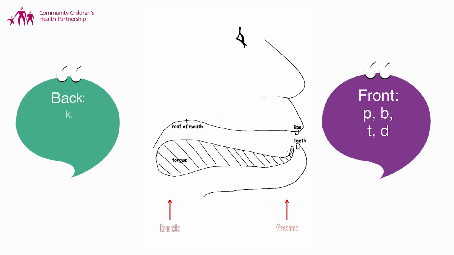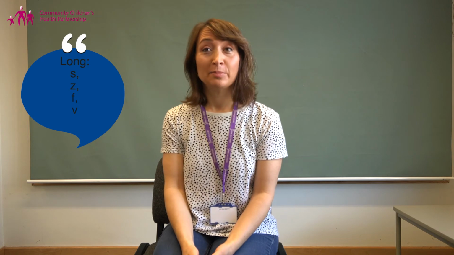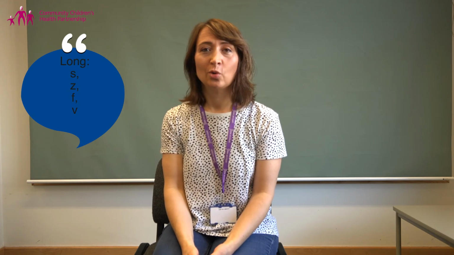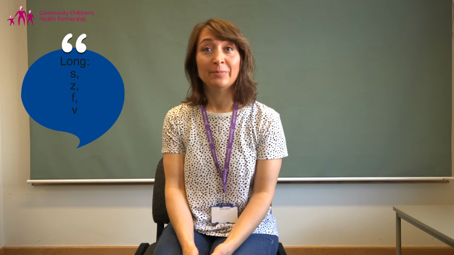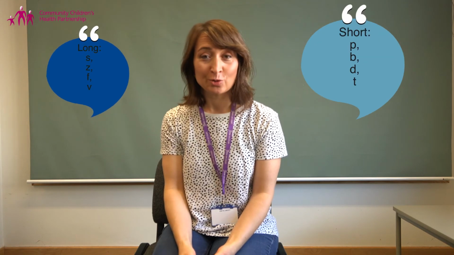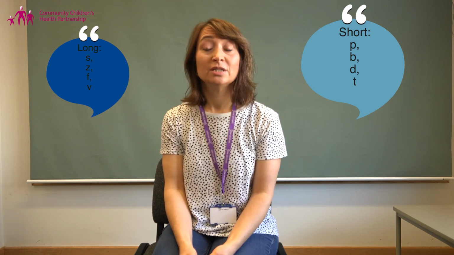And some sounds are made further back in the mouth, like k or g. Some sounds are long, for example, s or z, and some are short, for example, p or b or d or t.